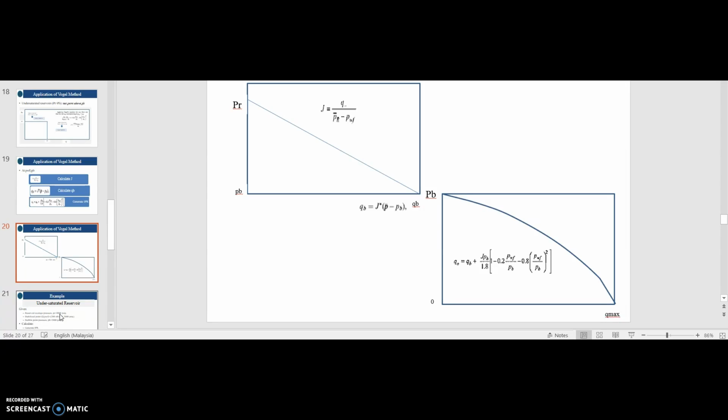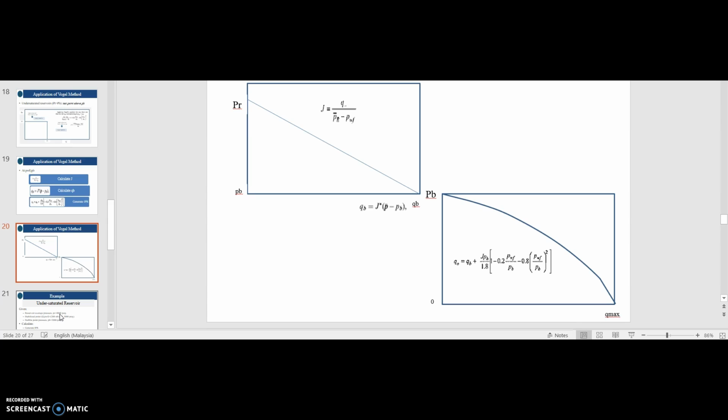So here, when we solve the two regions of pressure, we will get two curves. The first one is linear because it follows the Darcy equation, so it will be linear from the reservoir initial pressure until bubble point. Then for the second curve, we use the modified version of the Vogel equation to include Qmax and QB. We will get a nonlinear curve like this.